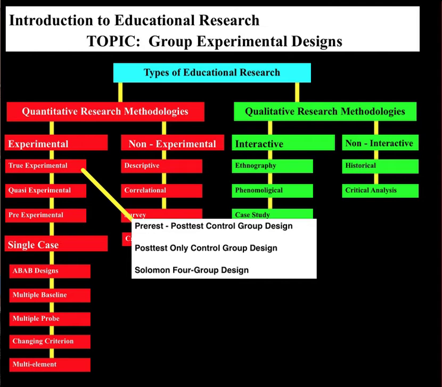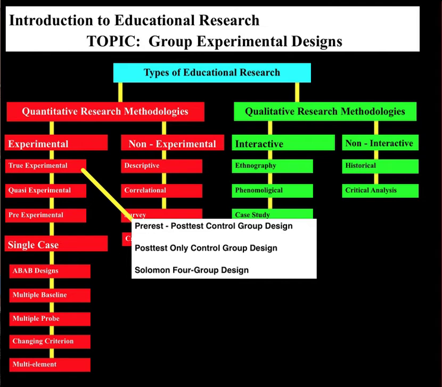Before we go into each of these designs in detail, a few reminders about true experimental research designs. Number 1, they are the only design that can establish a true cause and effect relationship between variables.